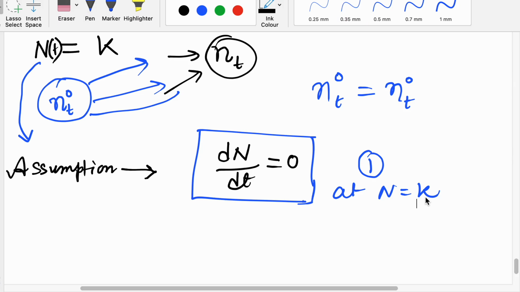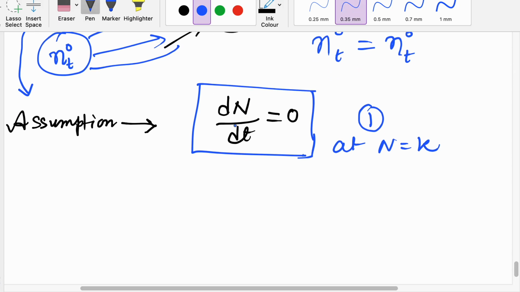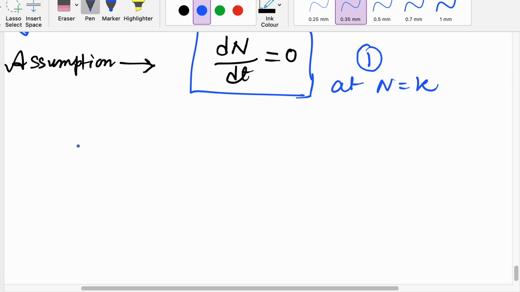Now this assumption was first introduced by Verhulst in 1844, and if I can recall correctly, around this time another mathematician, Poincare, was also dealing with the problem of the stability of the three body problem, that means stability of the solar system, and chaos was born at that time mathematically.